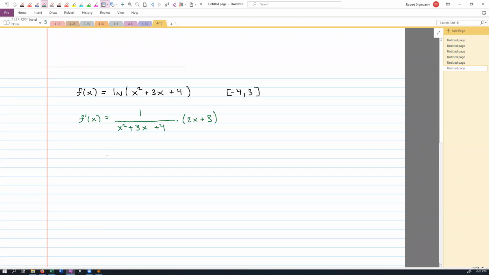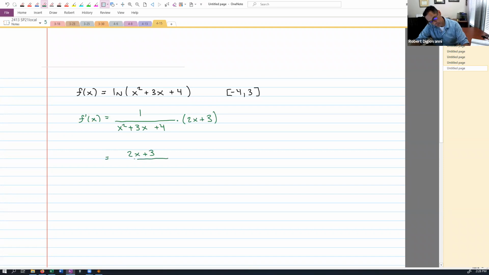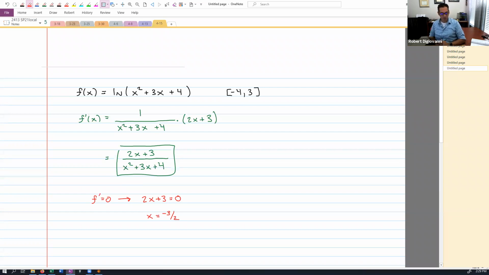Okay, now let's move the 2x plus 3 on top. And that's a pretty clean version of the derivative. Now I'm going to figure out where it's 0. So if I figure out where it's 0, all I have to do is really set the top to 0. Do y'all agree? Yep. And if I solve that, I get -3/2. Take the 3 to the other side, divide by 2.